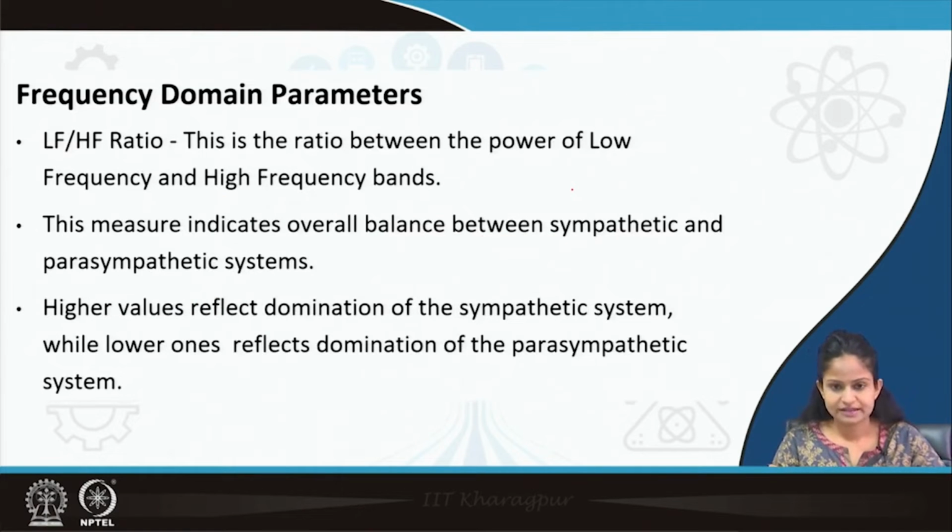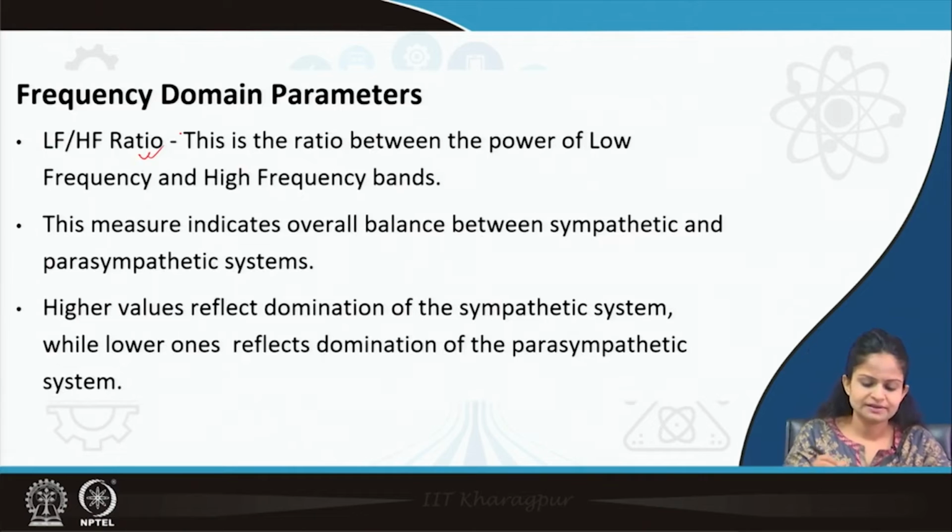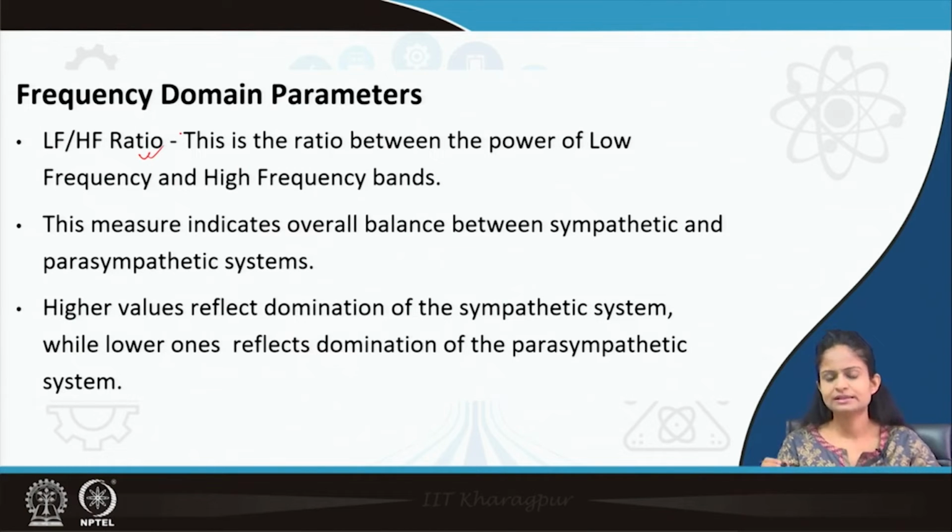Now, coming to the LF-HF ratio. This is very important because this ratio actually tells about the sympathovagal balance in our body. That means, what is the balance between the sympathetic nervous system and the parasympathetic nervous system. It is a ratio between the power of the low frequency and the high frequency bands.